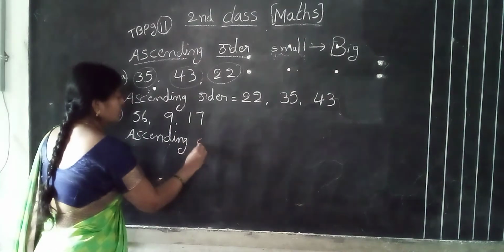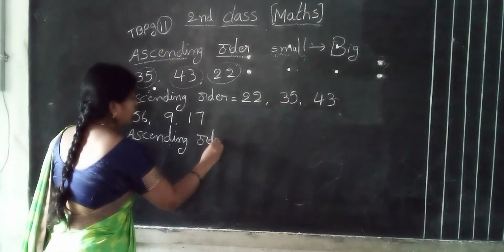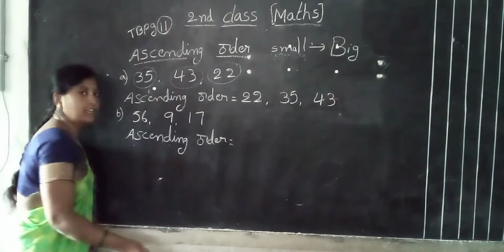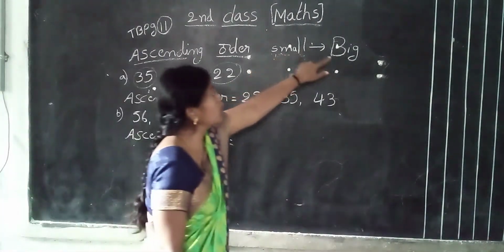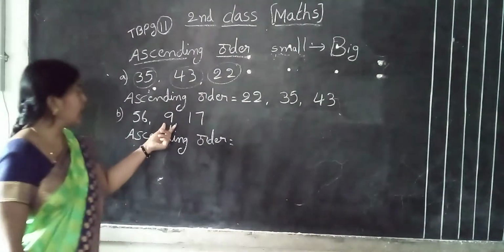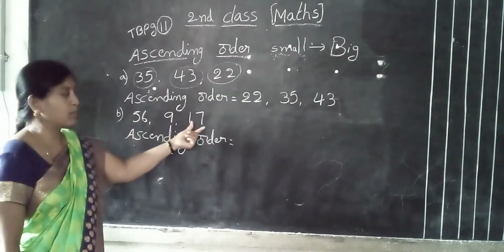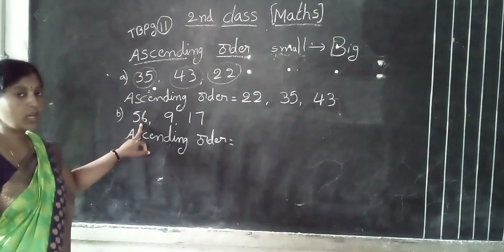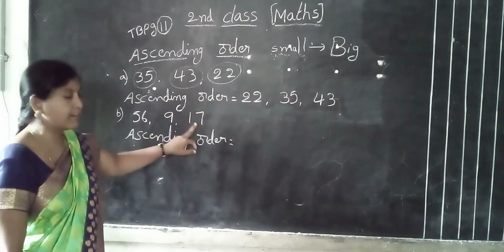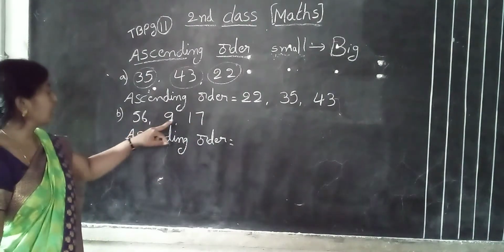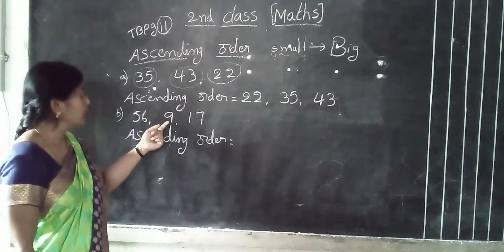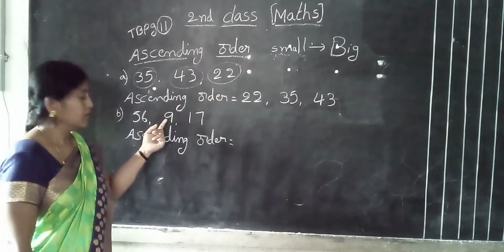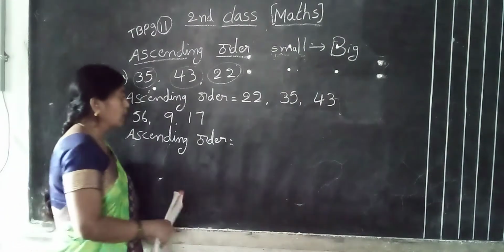So what is ascending order, children? You know that ascending order means small to big. So first we write the smallest number. Which one is the smallest number? 56, 9, 17 లో ఏ నెంబర్ చిన్న నెంబరు? 9 అనేది smallest number. So 9.